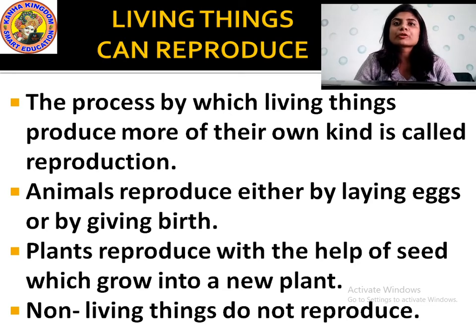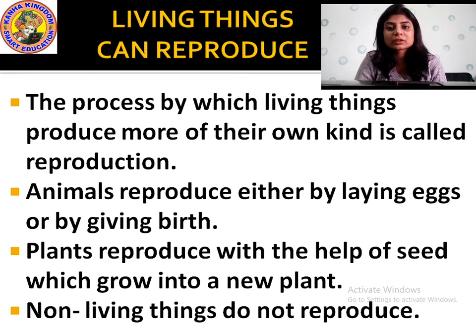The process by which living things produce more of their own kind is called reproduction. Now, if you are asked what is reproduction, what will you say? Reproduction is the process by which living things can produce more of their own kind.